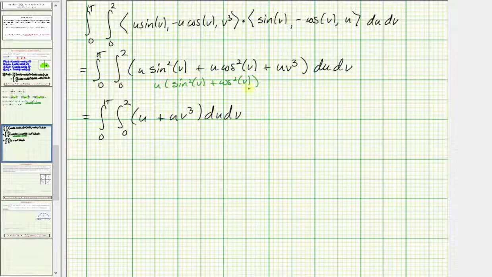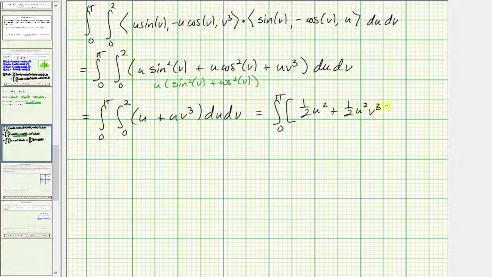And now we integrate with respect to u, so we have the integral from 0 to pi of u squared divided by 2, or 1/2 u squared, plus u squared divided by 2 times v cubed, that'd be 1/2 u squared v cubed.